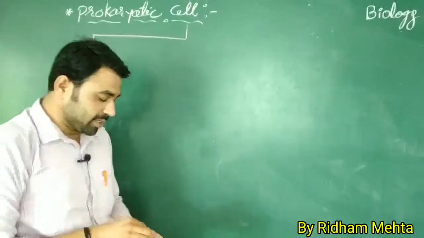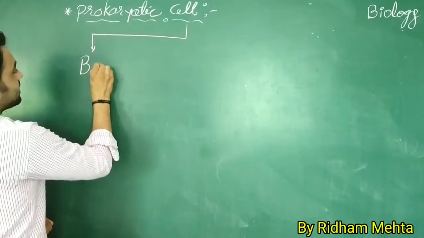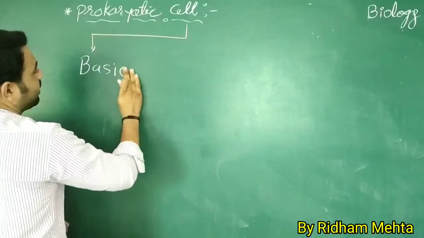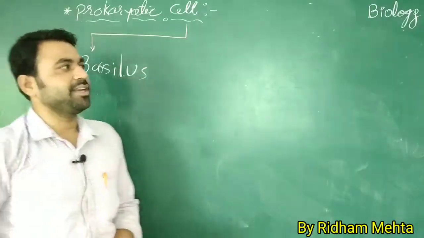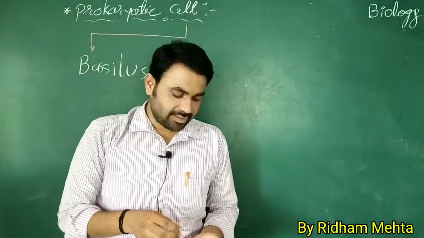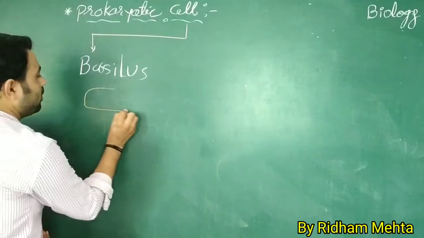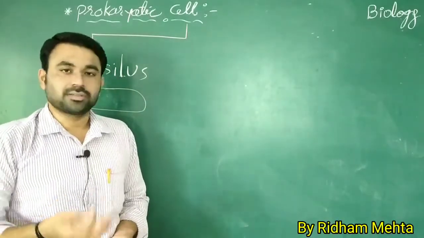The first type is the rod shape, like bacillus type. Bacteria which are rod shaped are called bacillus bacteria. This rod-like structure is seen.